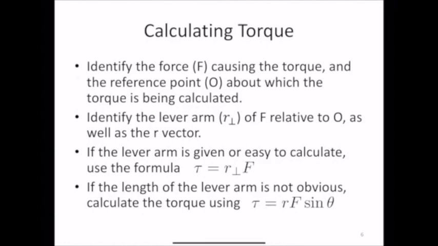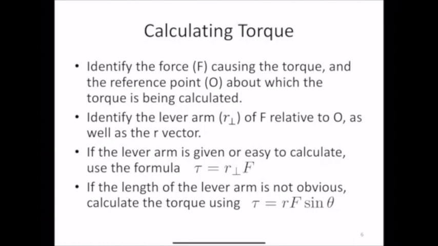We already have a trig-ready formula, which is the formula R F sine theta. So if the lever arm is not given or is not immediately obvious, just switch to the other formula, R F sine theta, to find the torque. Okay, so that's the general strategy that you use to calculate torque.